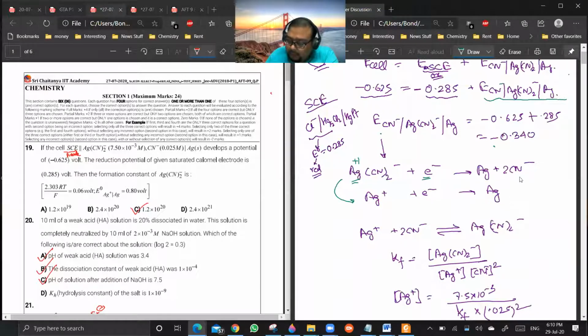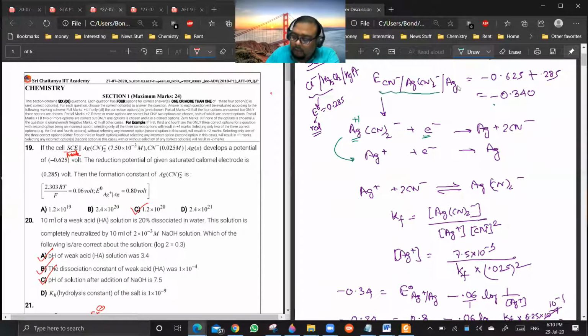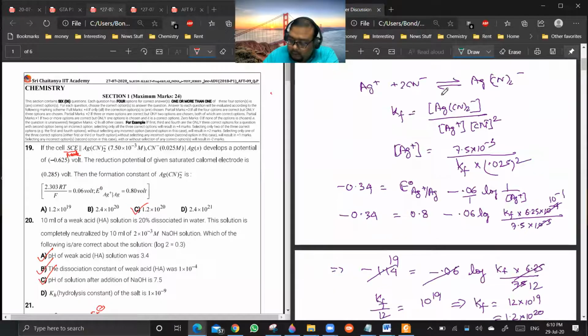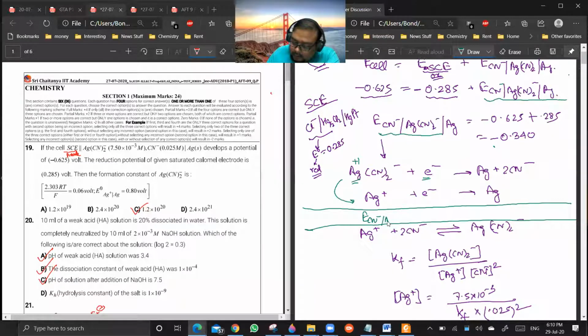So if these two are equivalent reactions, then I can write this electrode in terms of, let me write it somewhere here: if these two electrodes are equivalent, then I can write E of CN minus, Ag(CN)2 minus, Ag equal to E of Ag plus, Ag.